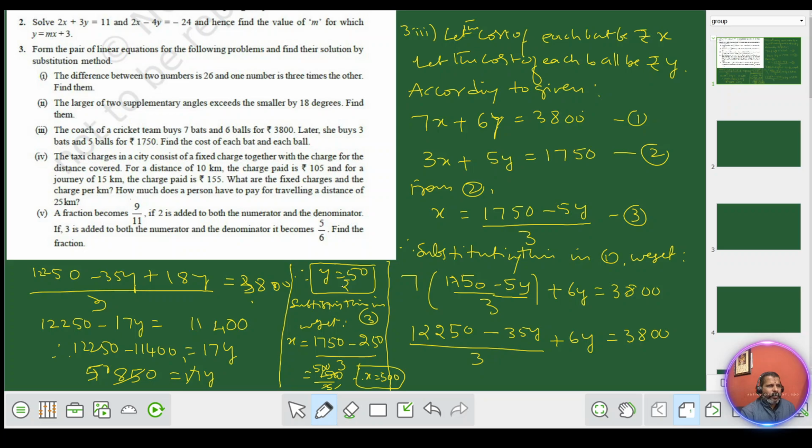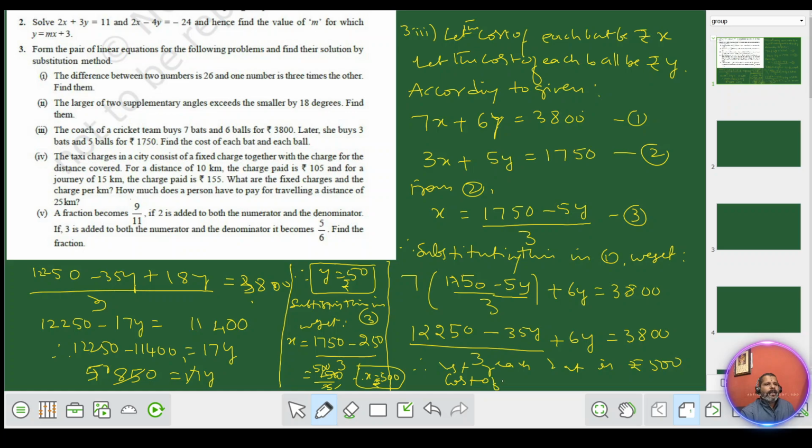Once you get the final answer, write rupees because the unit is rupees. So y is 50 rupees, x is 500 rupees. Bat is what we called x, right? Cost of the bat is x. Therefore just conclude at the end. Therefore, cost of each bat is rupees 500.